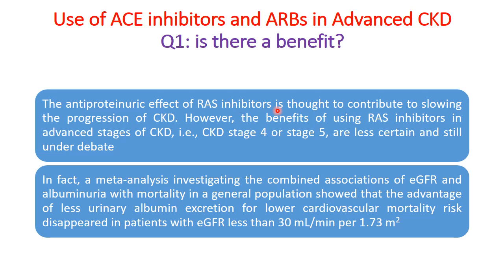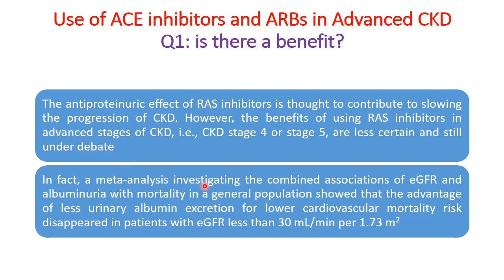The antiproteinuric effect of RAAS inhibitors is thought to contribute to slowing the progression of CKD. However, the benefits of using RAAS inhibitors in advanced CKD stage 4 or stage 5 are less certain and still under debate.